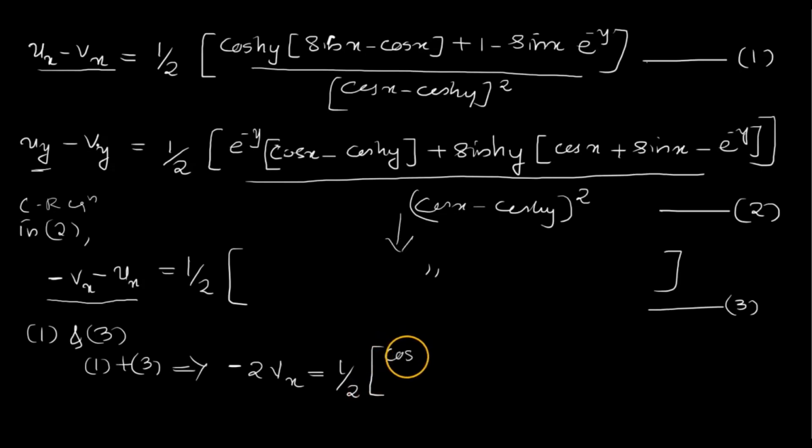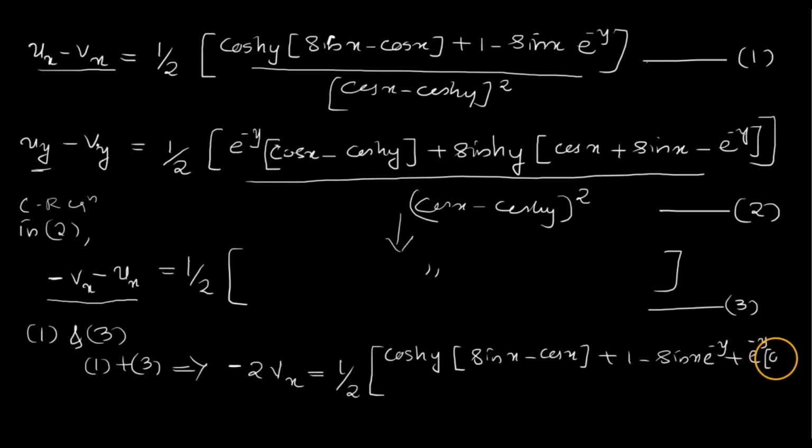So half into cosh y (sin x minus cos x) plus (1 minus sin x) e raised to minus y plus e raised to minus y (cos x minus cosh y) plus sinh y (cos x plus sin x minus e raised to minus y).